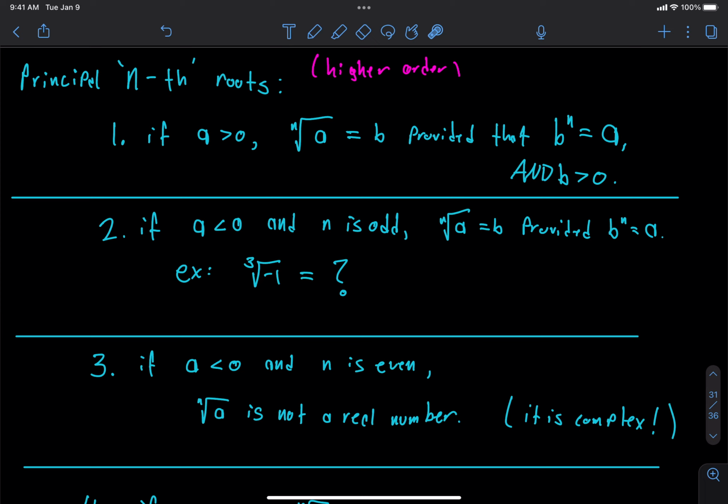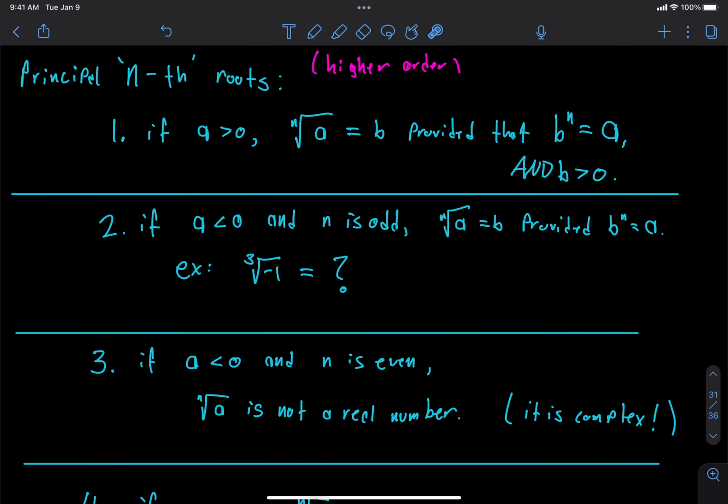Now you're probably noticing I've got a bunch of conditions in here, like I want a to be positive. What we really want is to distinguish between two classes of roots, even-powered roots and odd-powered roots.